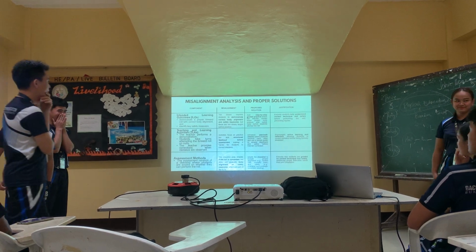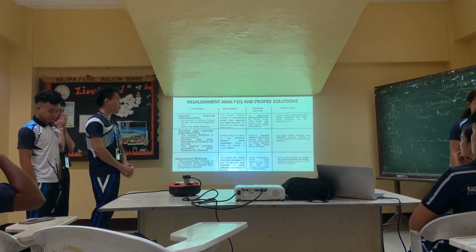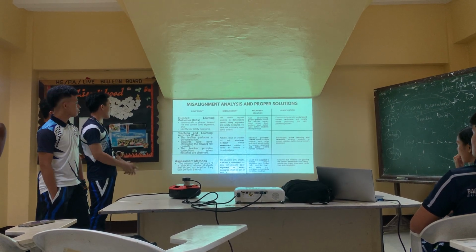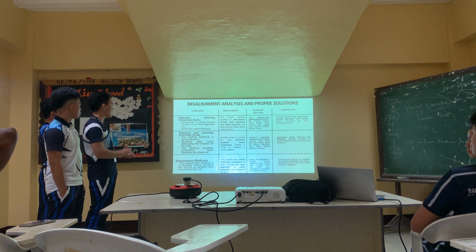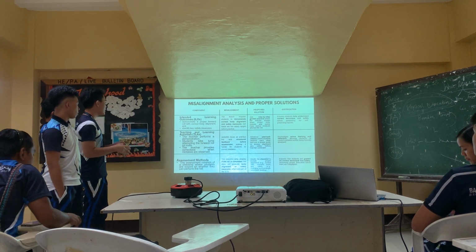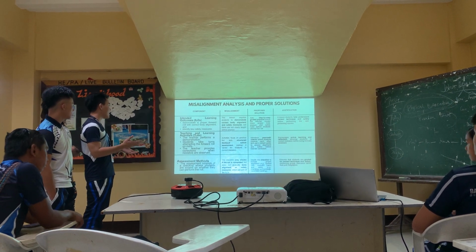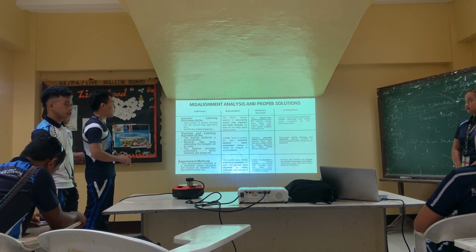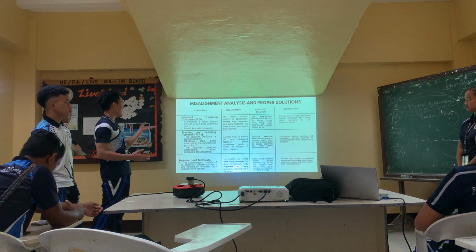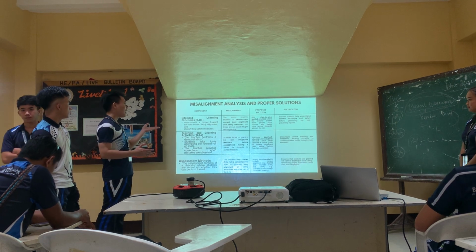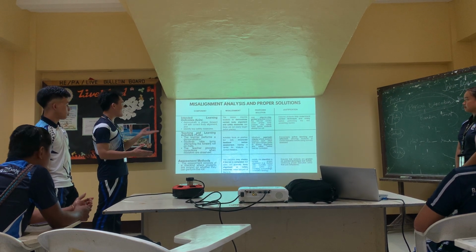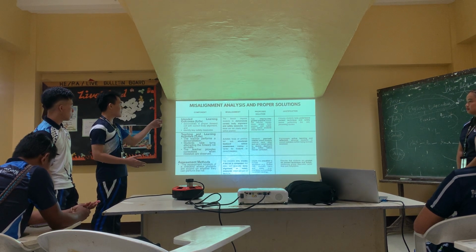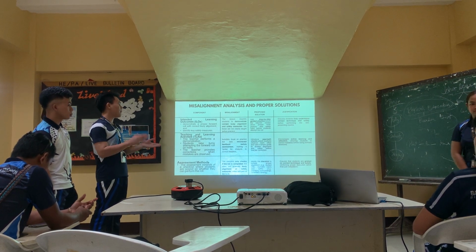So, for the misalignment analysis and proper solutions, we have here the intended learning outcomes, or the ILOs, which is to demonstrate a proper forward roll with correct body alignment and identify basic safety measures. The misalignment on this ILO is that the lesson requires students to demonstrate correct body alignment and safety measures, but these are not clearly taught before practice.